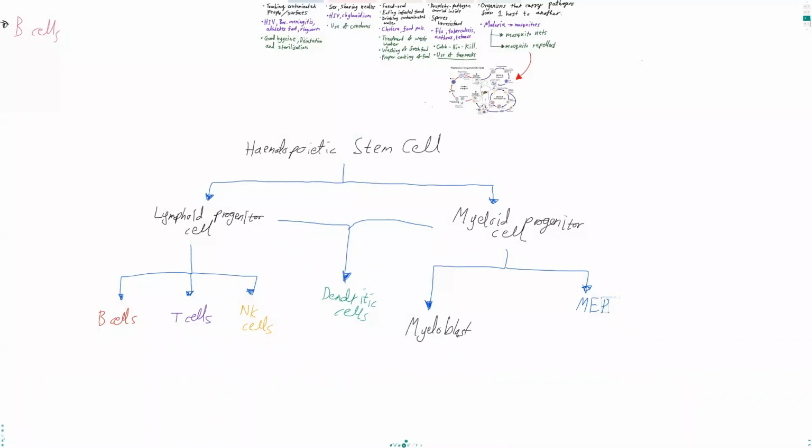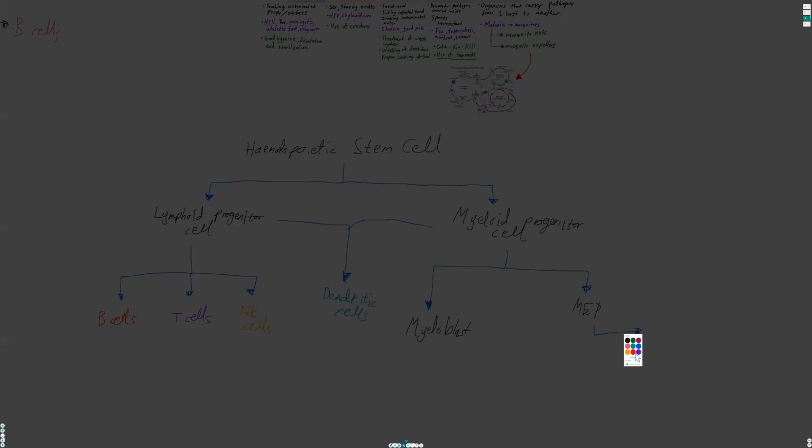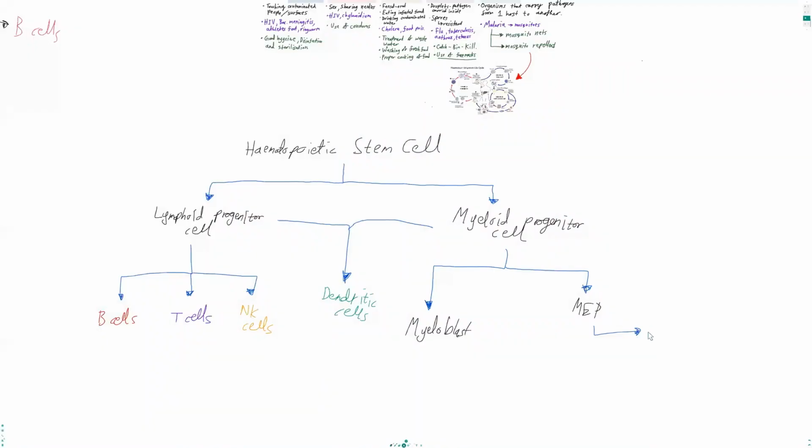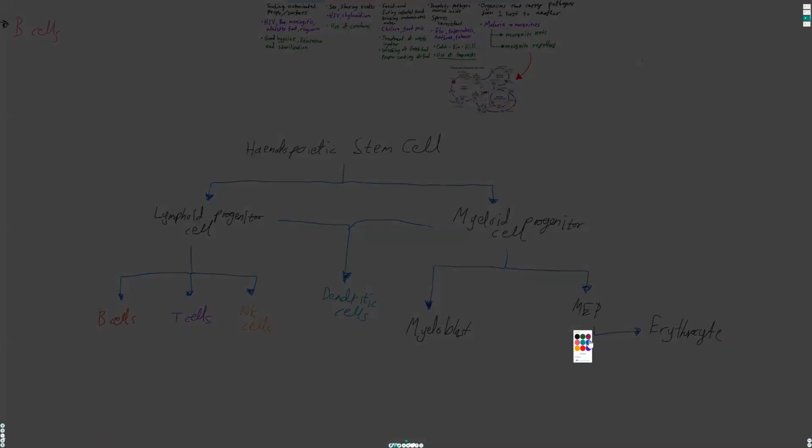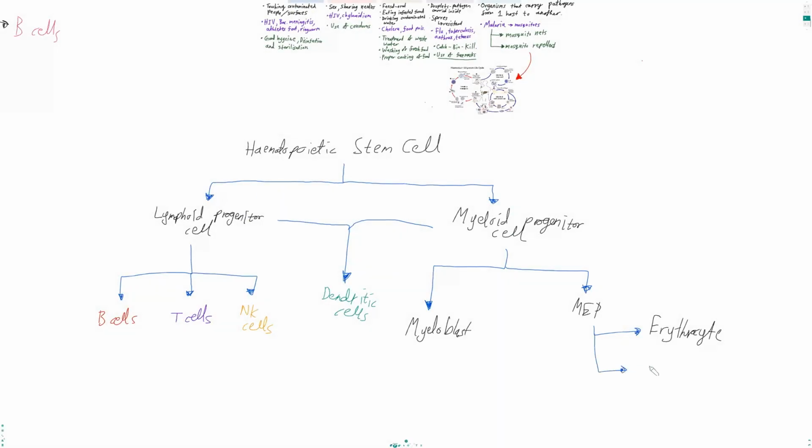The MEP can further develop into either an erythrocyte, or it can develop into megakaryocytes, which can form platelets.